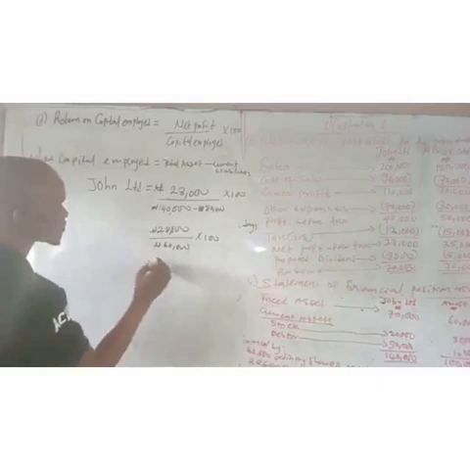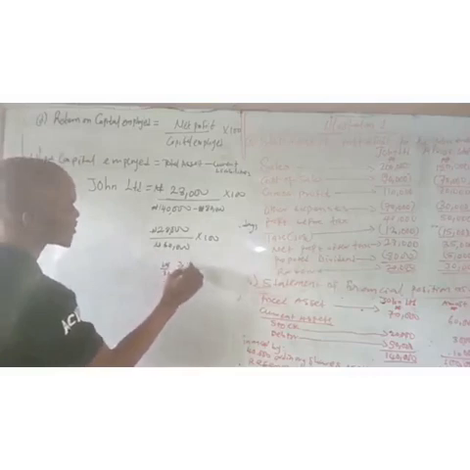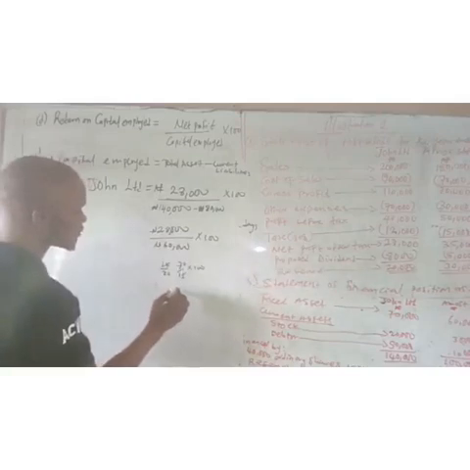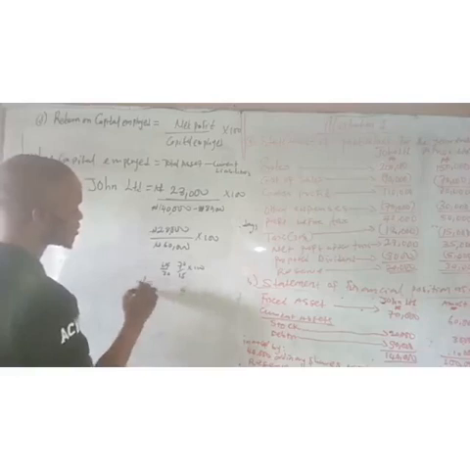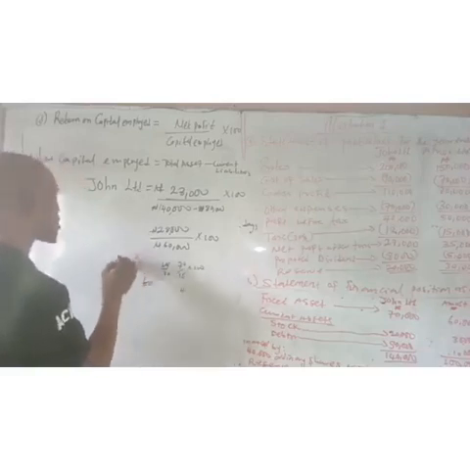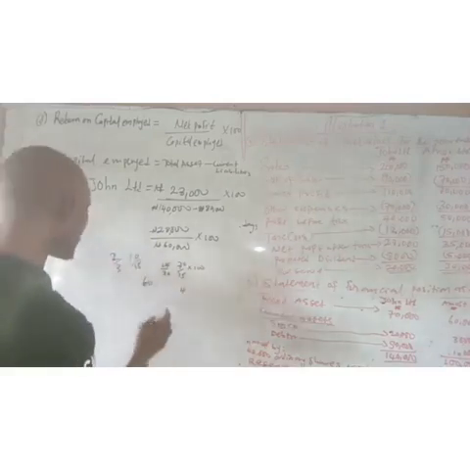Then what do we have here? 14 all over 30. We have 7 all over 15 times 100. Then we have 2 all over 3.